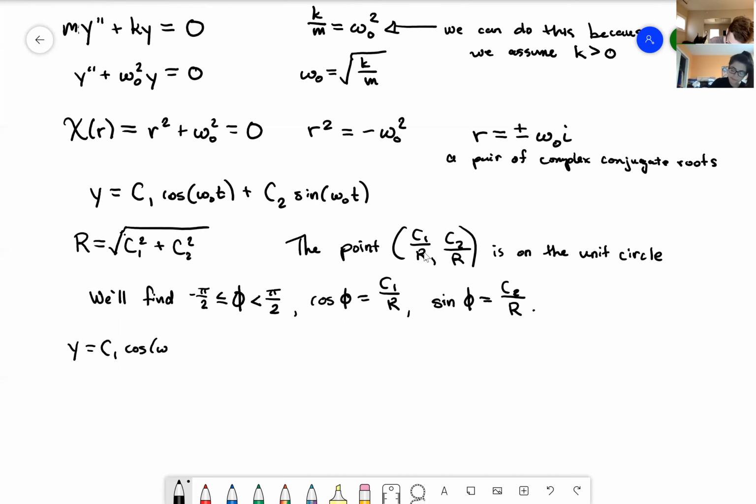It's right there, but it'll be a little clearer if I just write it again: plus C2 sine omega 0 of t.